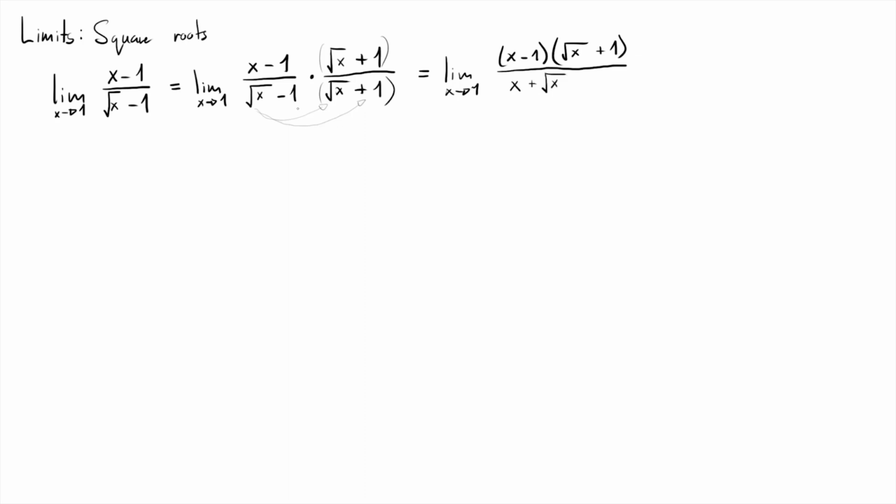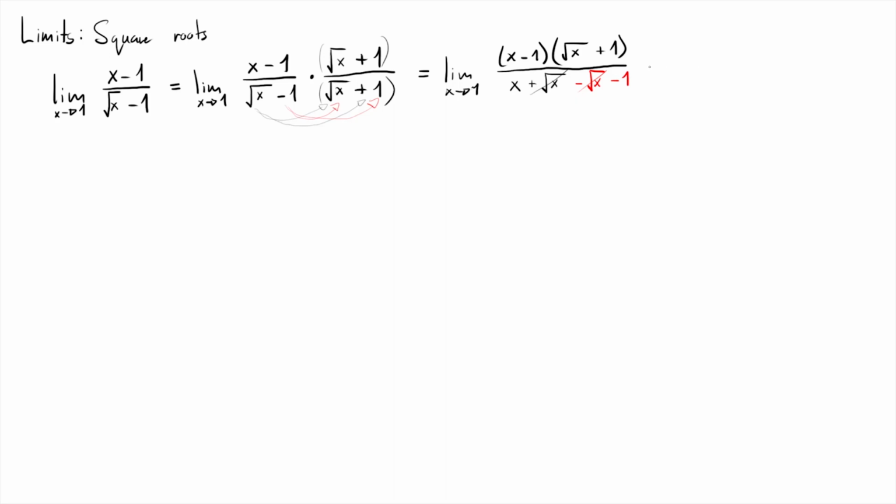And then we do the other multiplication of negative 1 times the square root of x, which gives us negative root x, and negative 1 times positive 1, which gives us negative 1. Now hopefully you'll see why we don't want to distribute the top, but we do want to distribute the bottom, because in the bottom we get plus root x and minus root x, and they cancel each other out.